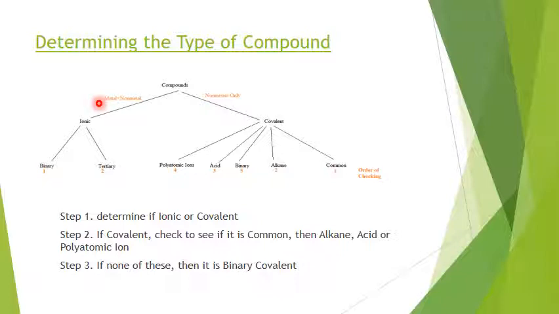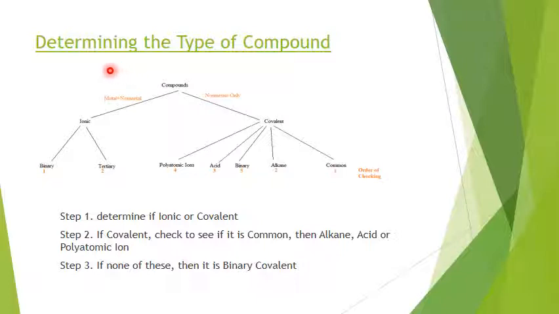Ionic compounds will always have two names, just two names, but covalents can have one or two names. So right off the bat, it has two names, so it could be either ionic or covalent.